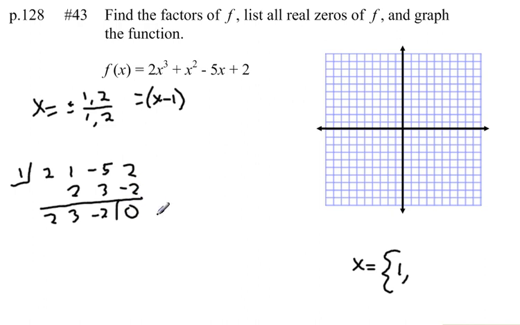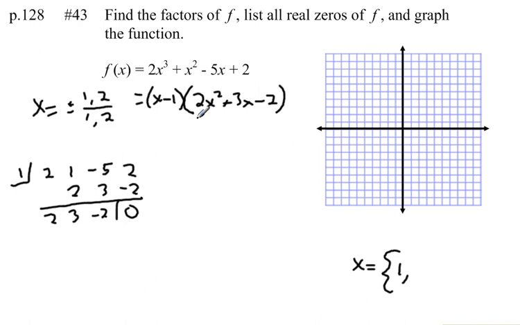Now this 0 is a very good sign because we should get a remainder of 0, because remember 1 worked here. It gave us an answer of 0. So now, this tells me that when I divide out x minus 1, these are now the coefficients of my new expression, 2x squared plus 3x minus 2.